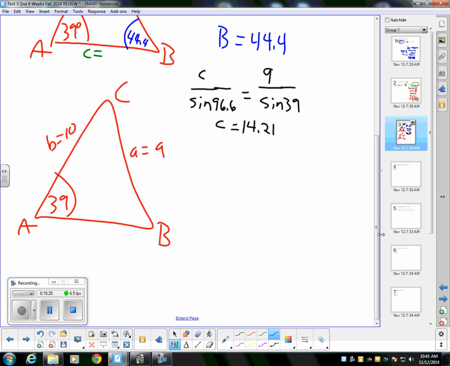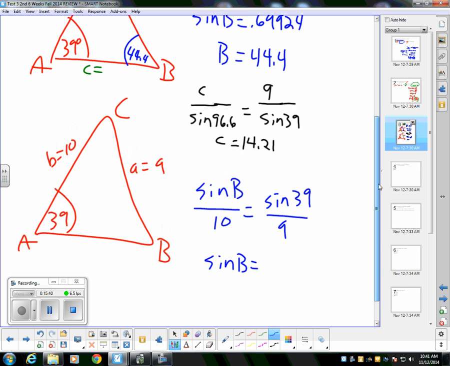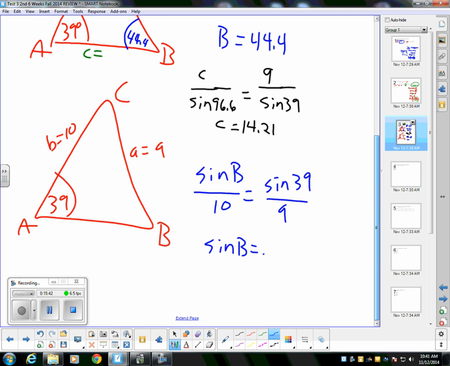I could say the sine of B over 10 is equal to the sine of 39 over 9, right? And here's what I would find: the sine of B is equal to what it was before, 0.69924. But the problem now is that B could also be the supplement of what we just found, 180 minus 44.4.